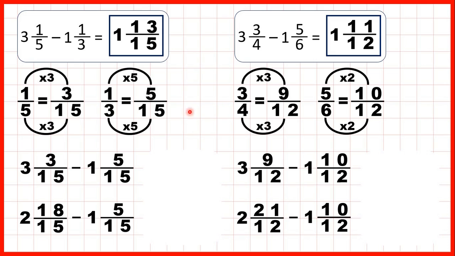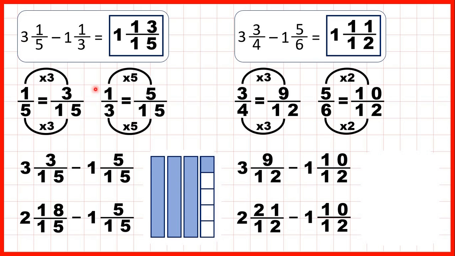So let's have a look at the fraction bars, because this will help us understand why we can take one from our whole number and add the denominator to the numerator. So in this first question, we started with 3 and 1/5. We changed that to 3 and 3/15, but we needed to take away 1 and 1/3, which is the same as 1 and 5/15.